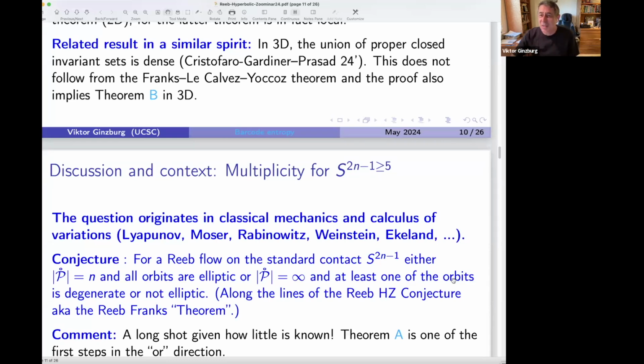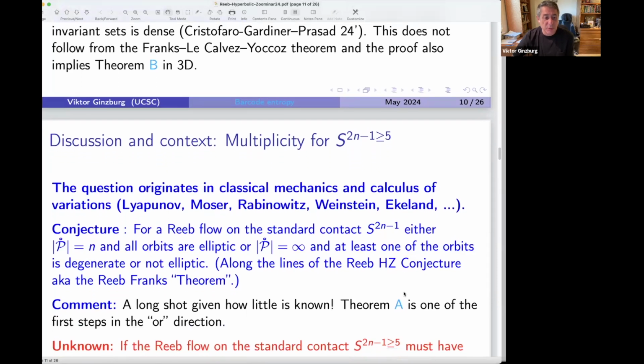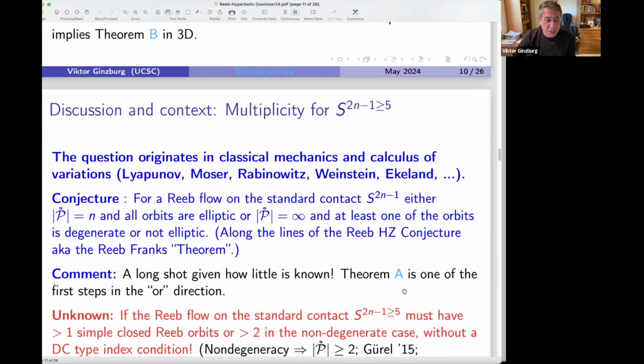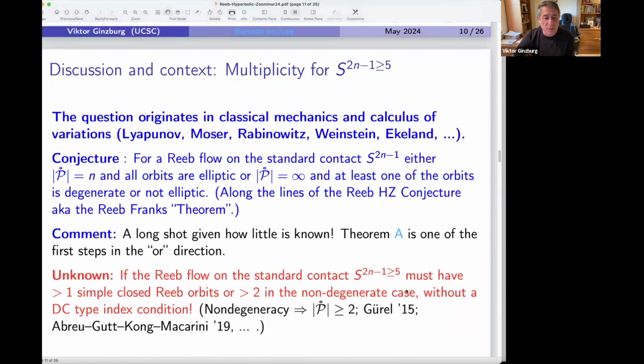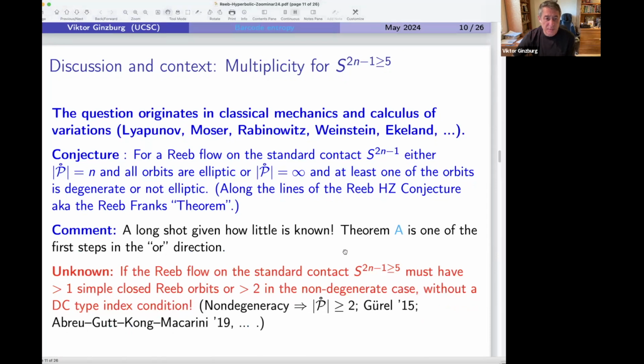There is almost nothing intelligent one can say here without imposing extra conditions. It's instructive to look at what is not known.